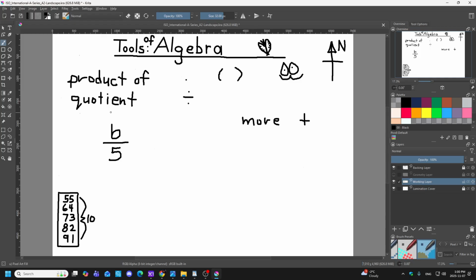So once we solve this, we will be adding 9 to that. Okay, I'm going to leave it at that.